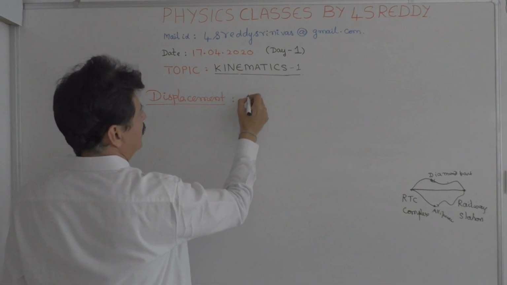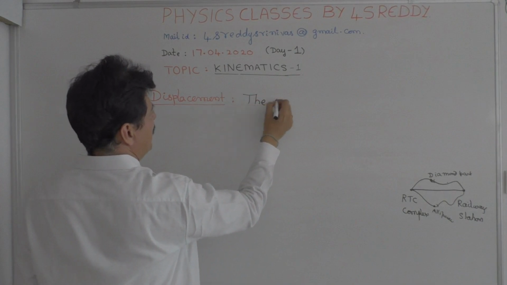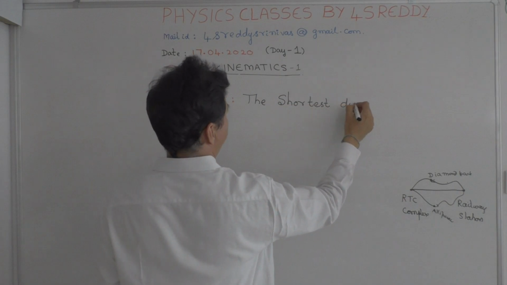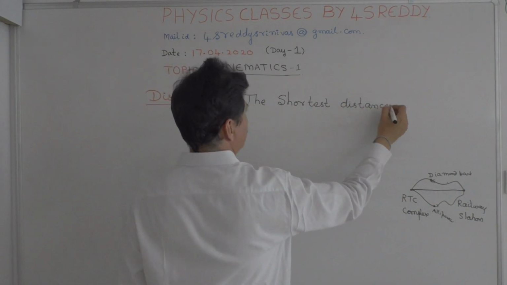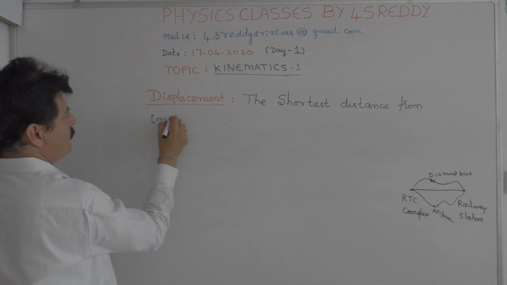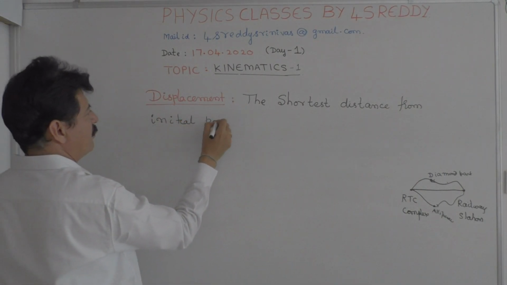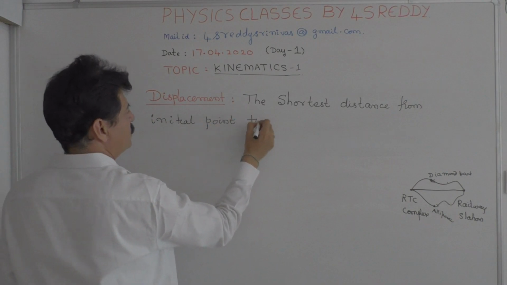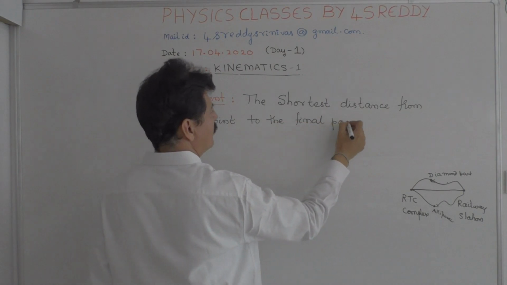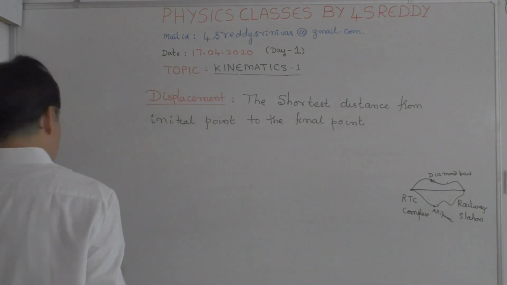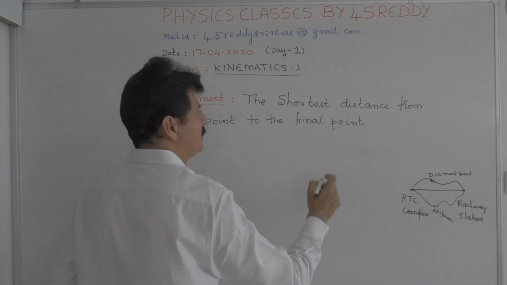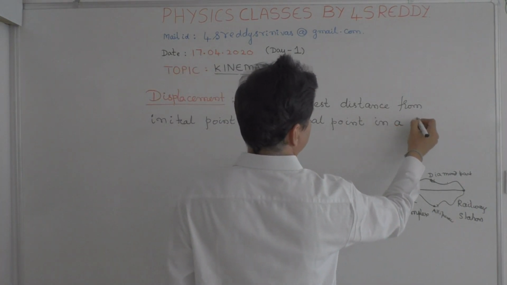Displacement means the shortest distance from the initial point to the final point in a fixed direction.